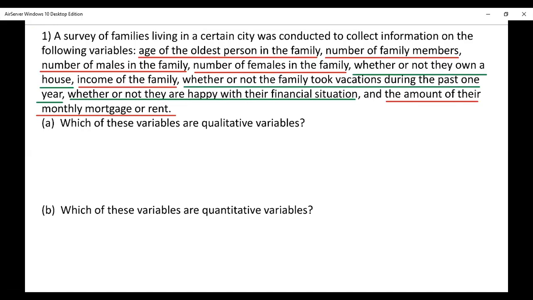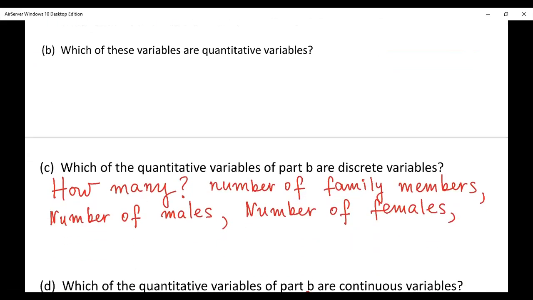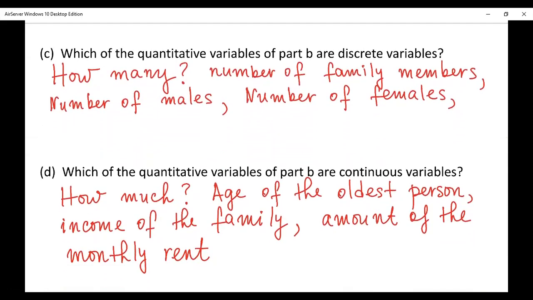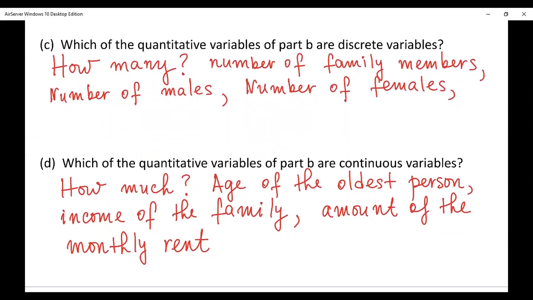So the red ones are quantitative variables. The question also has a second part where it asks which of the quantitative variables in part B are discrete variables and which are continuous variables.